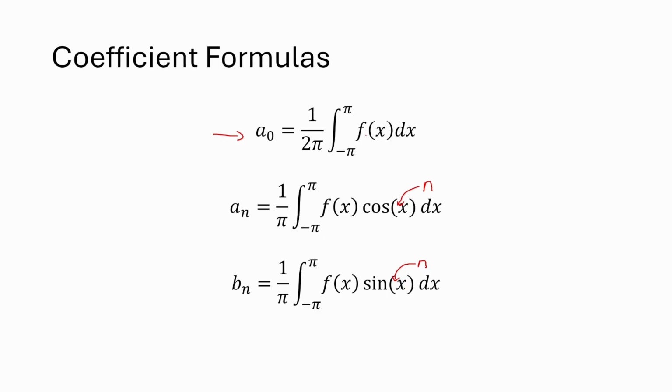So that's what a naught is here, and you can see that it is the average as calculated using your calculus toolkit. So then the an, those are going to be the cosine frequency components of the function, and then the bn will be the sine frequency components of the function. And remember, it's cosine of nx, sine of nx.